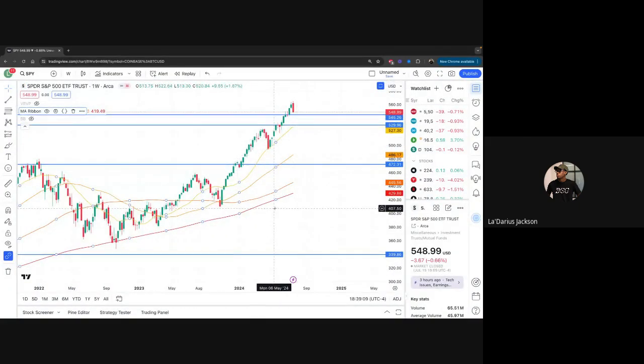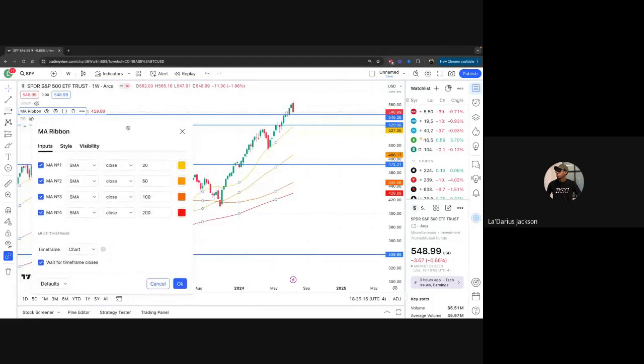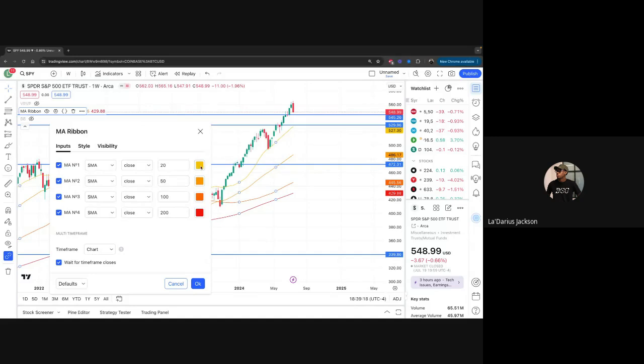All right, this one is extremely easier to pay attention to. Okay, look at it again. Yellow, 20 is on top, orange, 50 is right here, 100 here, 200 there. So anytime you have your moving averages in chronological order like this, 20, 50, 100, 200, the 20 is the only one to pay attention to, and the 20 is going to be where the stock wants to bounce off.